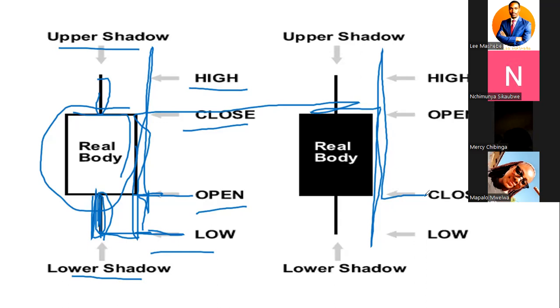Because time has gone, tomorrow in the next lesson we will continue from where we have ended. Tomorrow we'll look at the time frames. How do you use these time frames? How do you use 1 minute? What is 1 minute telling you? What is 5 minutes telling you? If you want to enter a trade, which time frame is best for you? This is what we are going to discuss tomorrow.